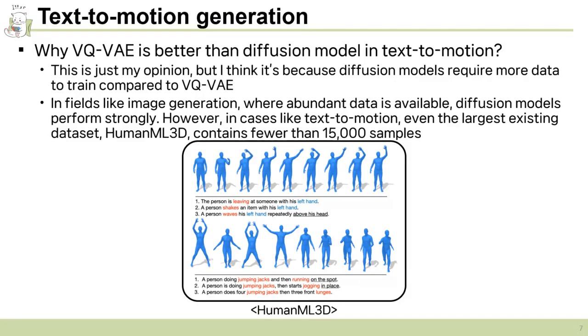One key reason is data efficiency. Diffusion models typically require a large amount of data to achieve high-quality results, which works well in areas like image generation where datasets are abundant. But in text-to-motion, even the largest dataset, HumanML3D, has fewer than 15,000 samples.